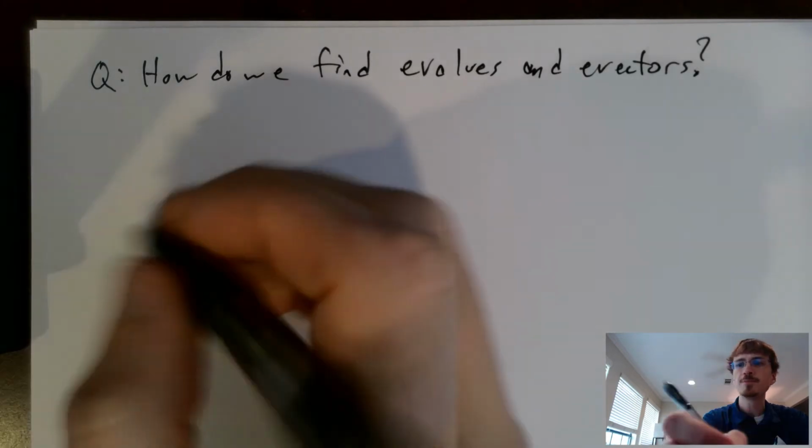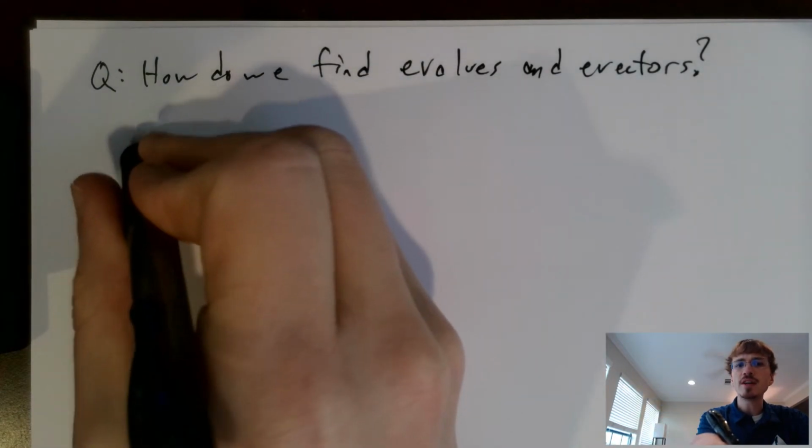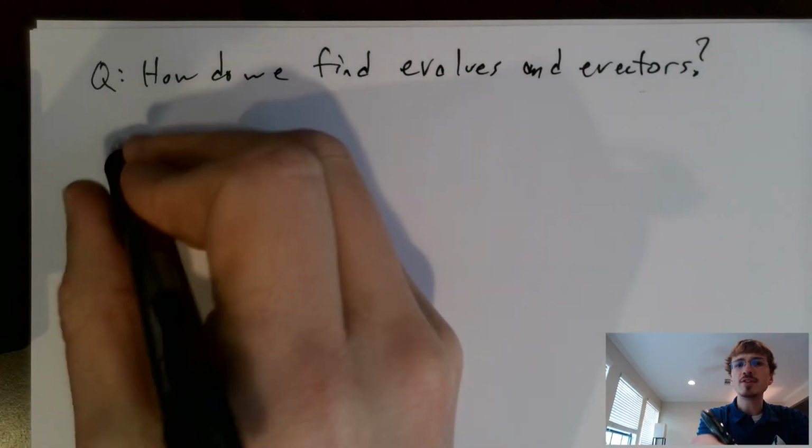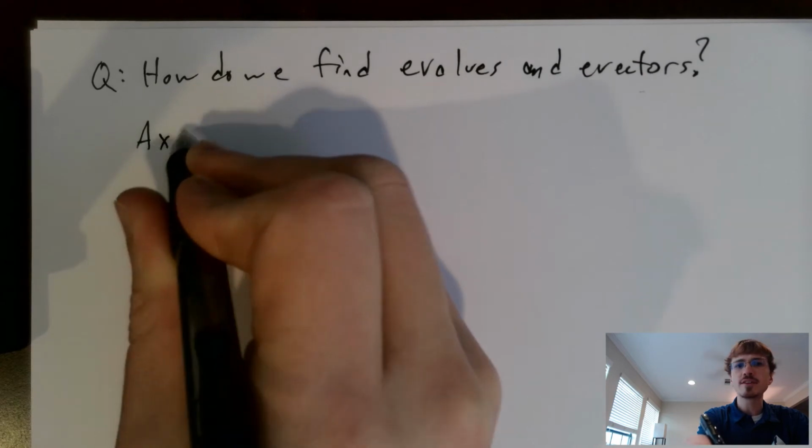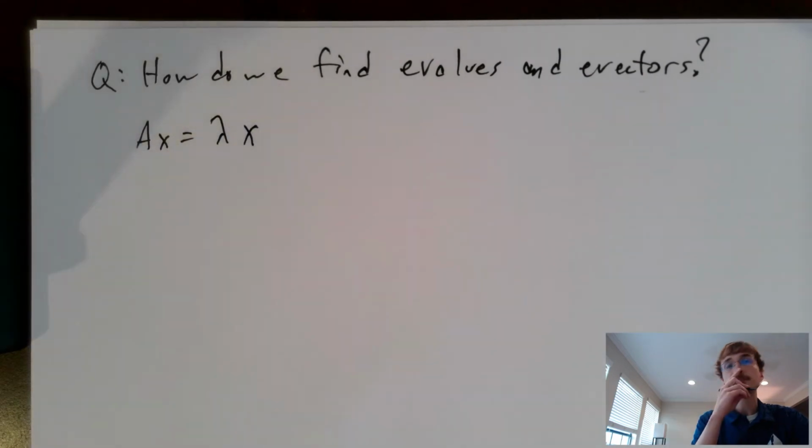So how do we find them? We want to find vectors and values that satisfy the equation Ax equals lambda x. This is what we want. How do we get it?